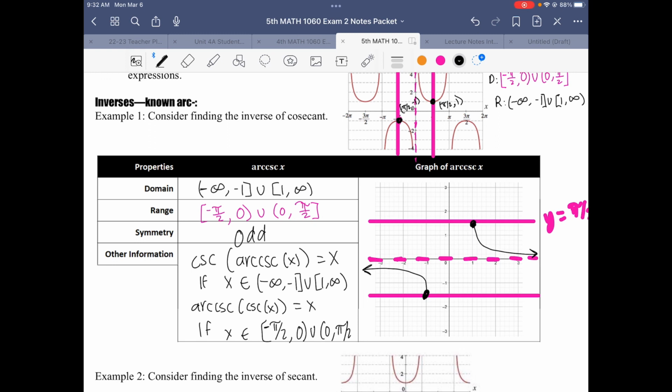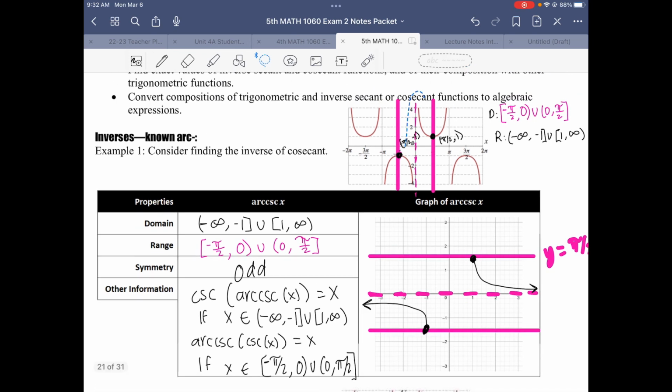So essentially it has to be between negative pi halves and positive pi halves, but it can't equal 0. And it can't equal 0 because it was an asymptote here, which means it's an asymptote here. It cannot equal 0. And same thing, if cosecant itself doesn't exist, there's nothing to plug in here. So unless cosecant is between here, there's nothing to plug in.